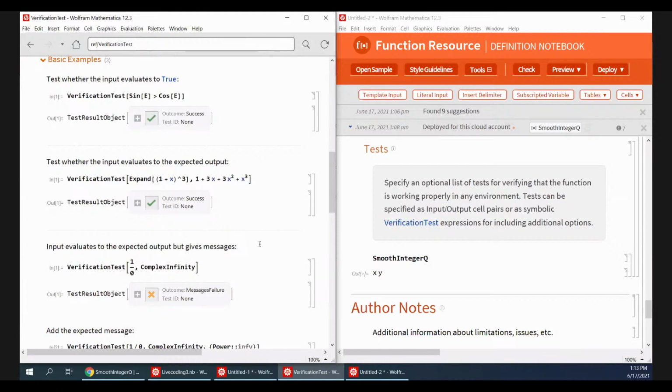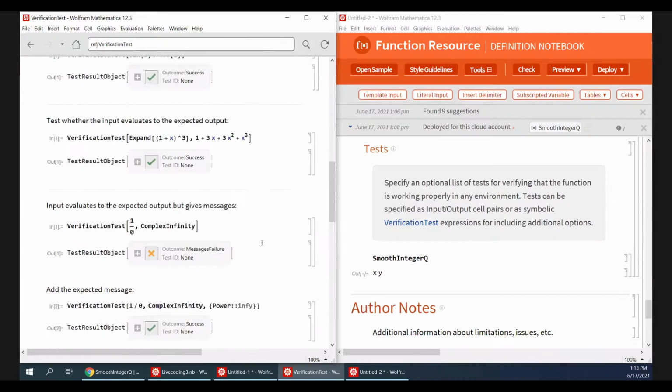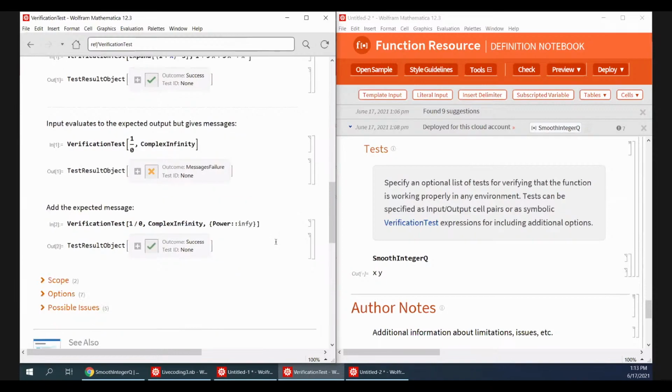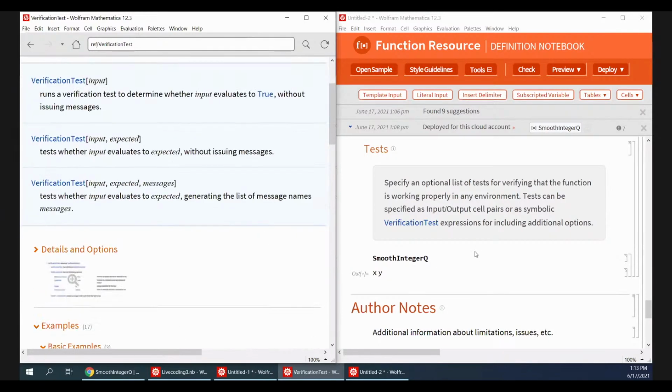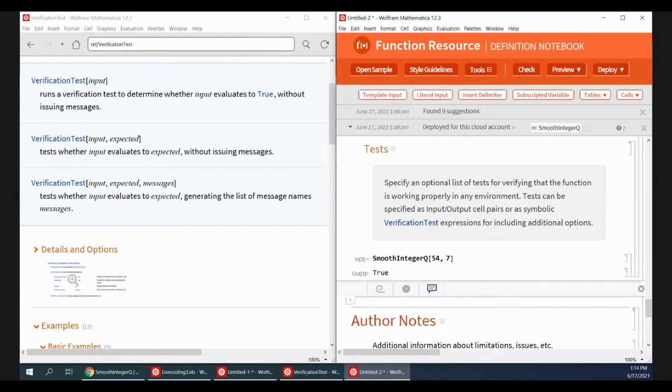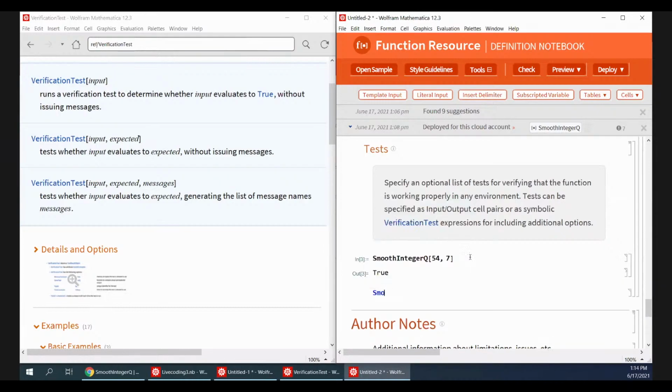If it's something like smooth integer Q with integer inputs, and it's super simple, and the output is a Boolean, then you can just put in a bunch as input output pairs, and we will basically process them into verification tests before we store them on the back end. Oh, okay. So it's easier to write them this way, it's straightforward, boom, boom, boom.